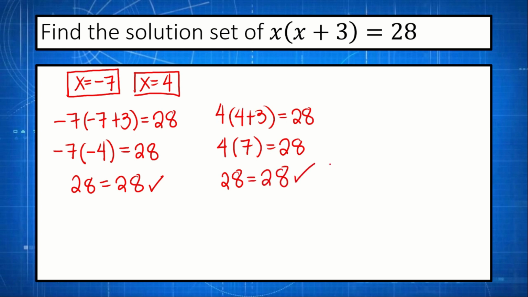It also satisfies the original equation. Therefore, the values of x satisfy x times x plus 3 is equal to 28. Thus, we conclude that the solution set is negative 7 and positive 4.